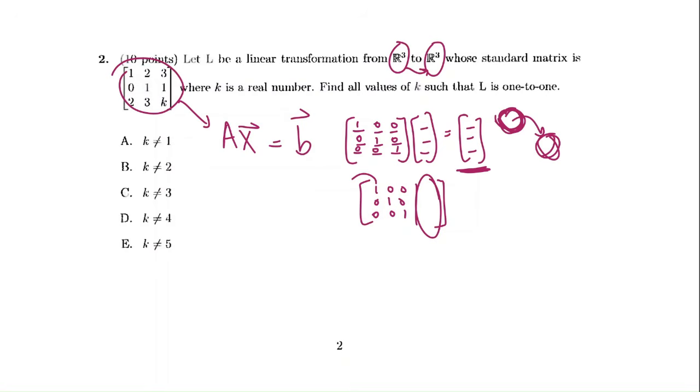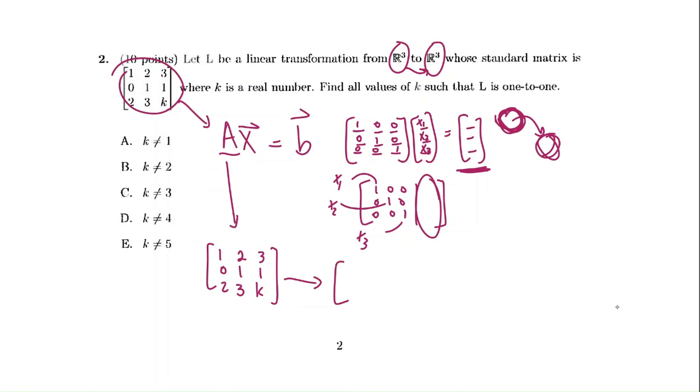If this is x1, x2, x3, this will tell you what x1 is, this will tell you what x2 is, and this will tell you what x3 is, which will mean that there is a unique solution for all of these vectors. So because of that, we want to have our A matrix be able to be reduced to the identity matrix. We can do that just by doing row reduction.